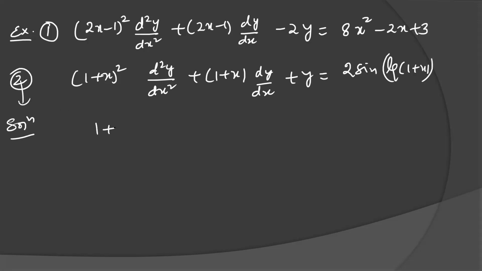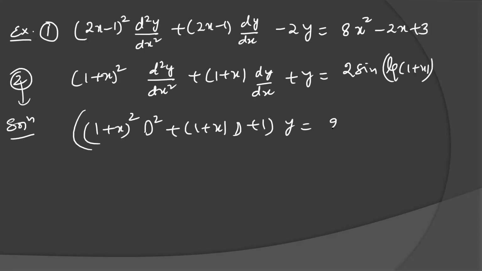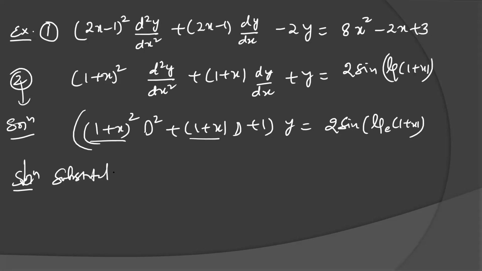Let's see the solution of the second problem. It looks like ((1 plus x) whole square D square plus (1 plus x) D plus 1) y is equal to 2 sine log (1 plus x). So it's a type of Legendre differential equation. What will we substitute here? We will substitute 1 plus x equal to e to the power z.